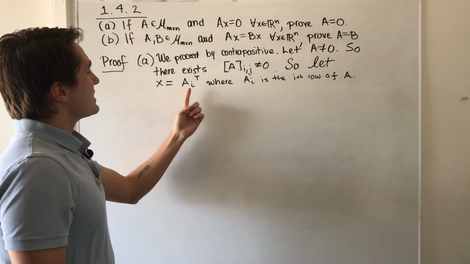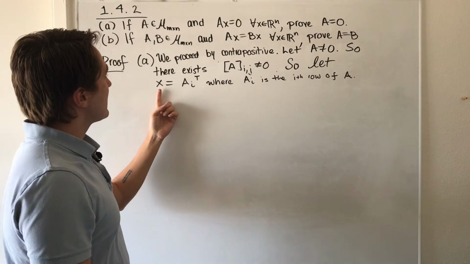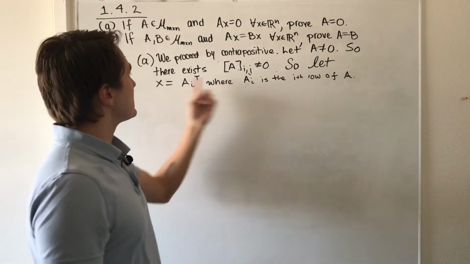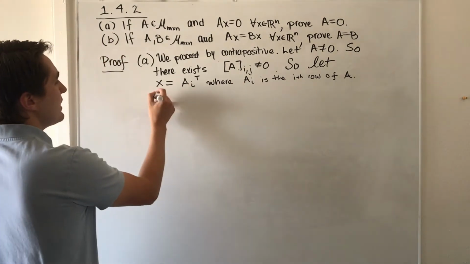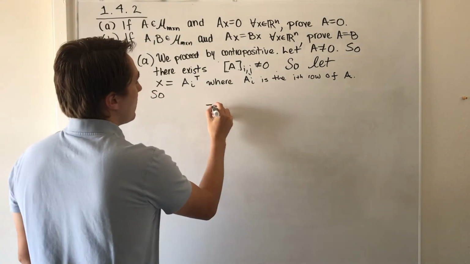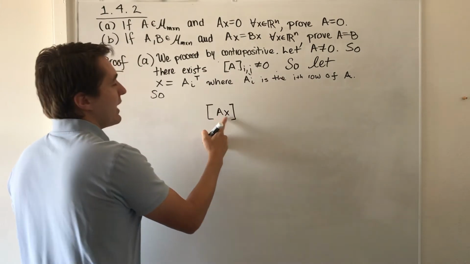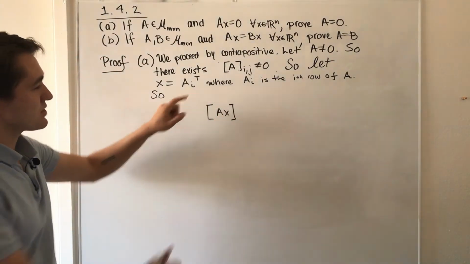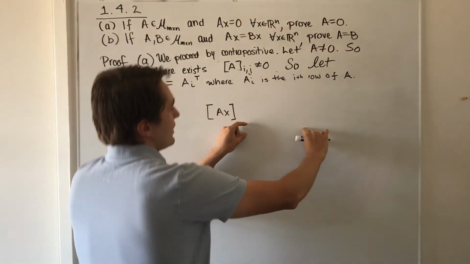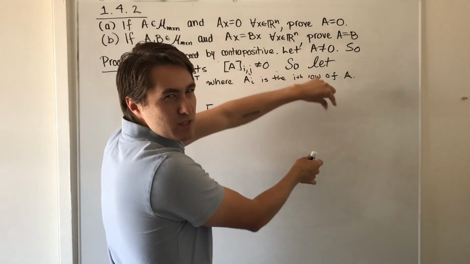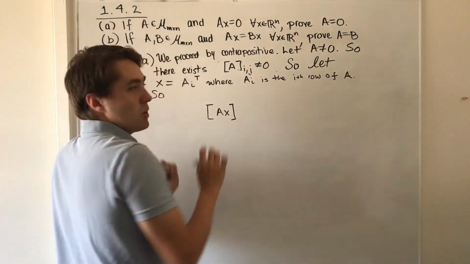Okay, so just to recap, we're going to take the ith row of A and set it equal to x. So now, when I multiply A times x, where remember x is just the ith row of A turned into a vector, I just transpose it so now it's acting like a vector, and now I can multiply these.